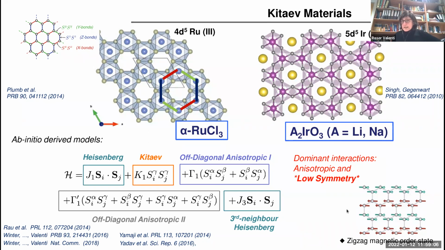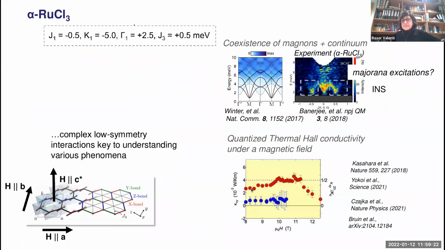One of the orderings they show, so let me concentrate on alpha ruthenium trichloride, is a zigzag magnetic order. And this is due to the presence of these other interactions, not only a small Heisenberg interaction, but also other off-diagonal anisotropic interactions.